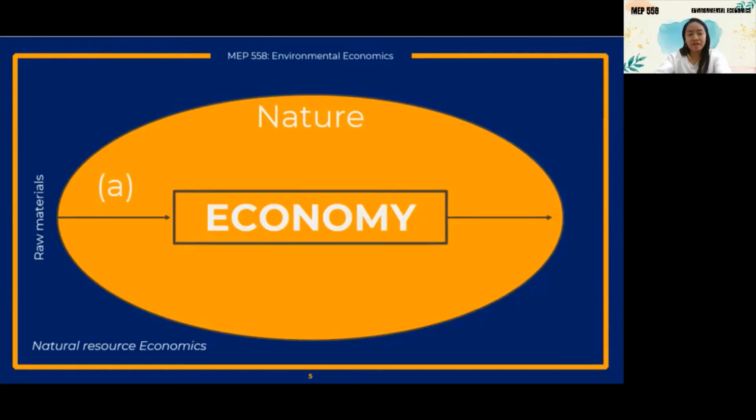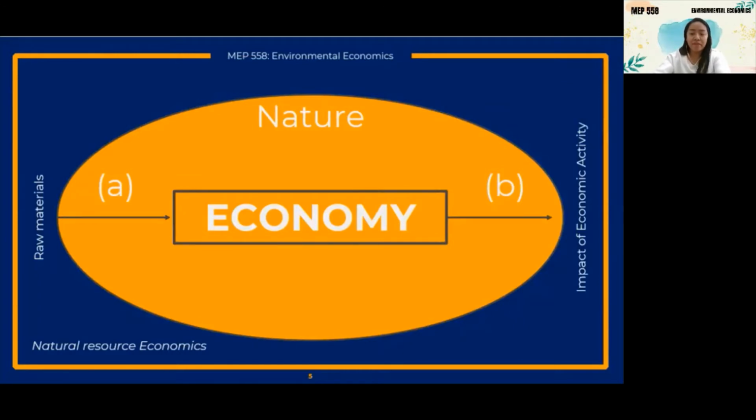And then we also have land economics, or how people in the private sector make decisions about the use of the land. We also have energy economics, water economics, and agricultural economics. The link labeled B shows the impact of economic activity on the quality of our natural environment.